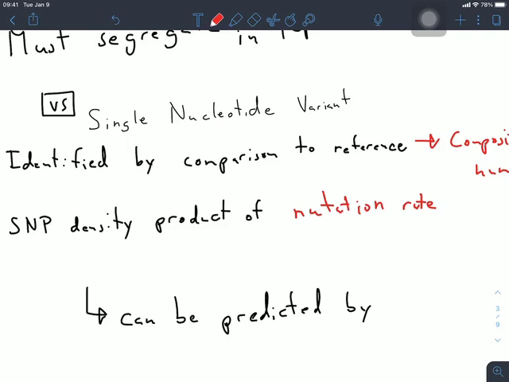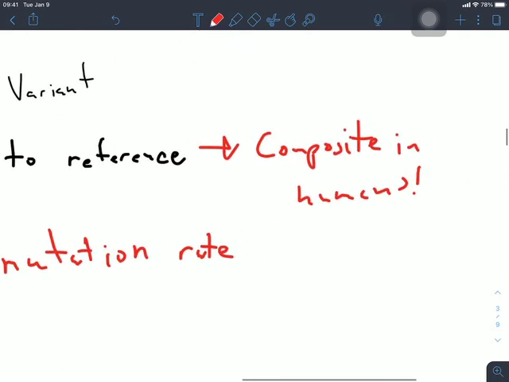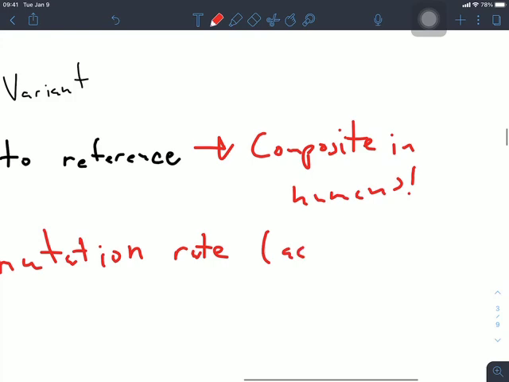Now, while in many cases we don't assume that there's going to be a difference in mutation rate within a single genome, what we do know is that mutation rate can vary slightly based on the species that you're looking at. So SNP density can be a product of the mutation rate of the species. This can be a cross-species variation.